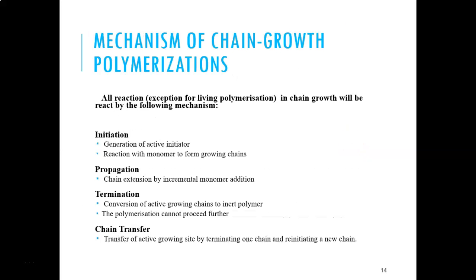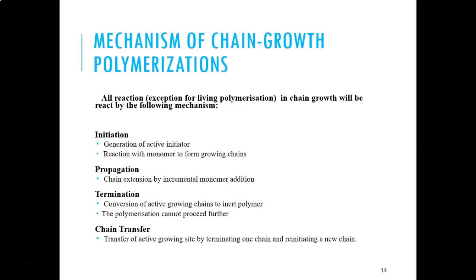All reactions in chain growth, except for living polymerization, proceed by the following mechanism. We have initiation, propagation, termination, and chain transfer. Of course, initiation is the step where the active initiator is generated.